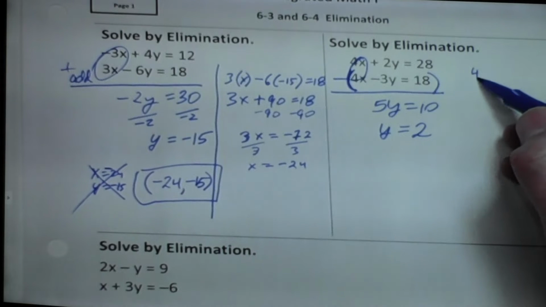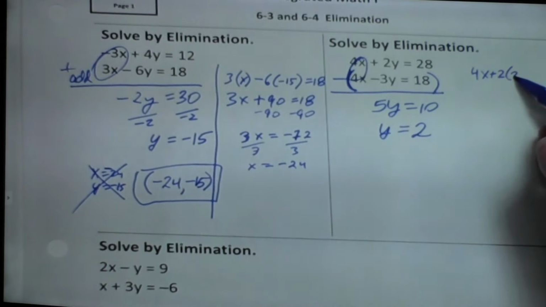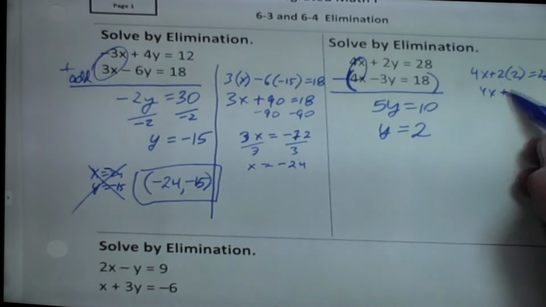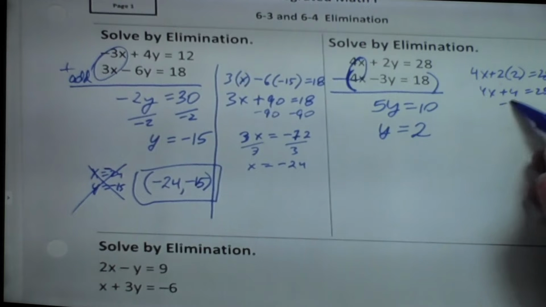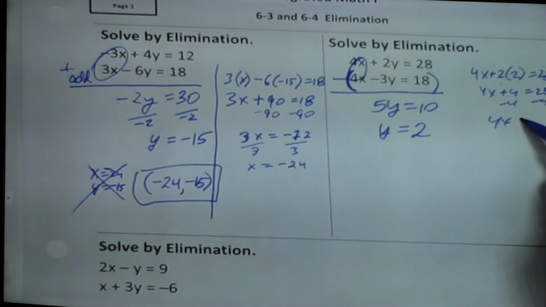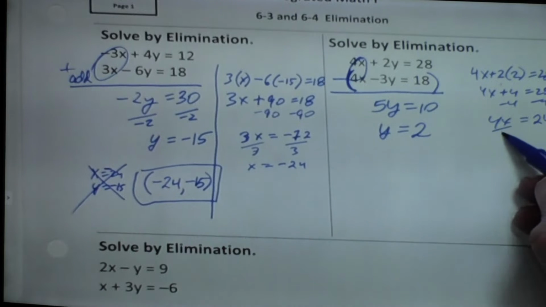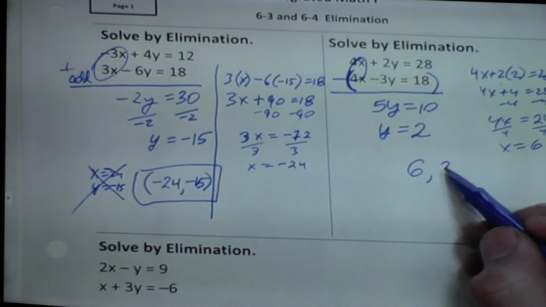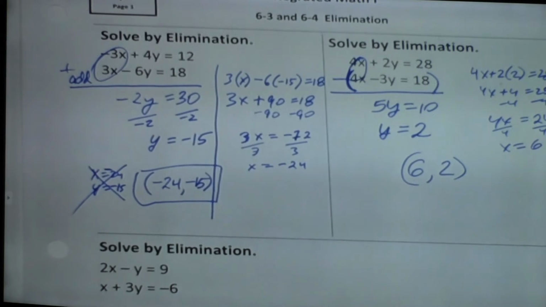I guess I'll just take the first one. Let's put 2 in for the y is equal to 28. That's 4x plus 4 is 28. When I subtract 4, I get 4x is equal to 24. And dividing by 4 tells me that x is equal to 6. So I get 6 for the x and 2 for the y.